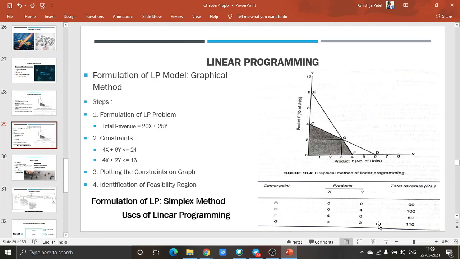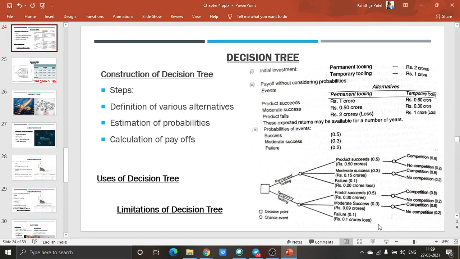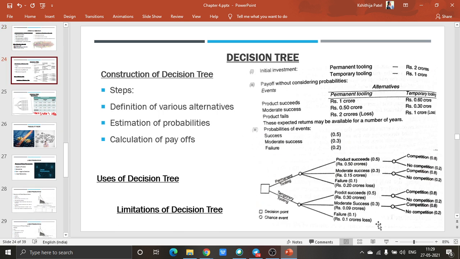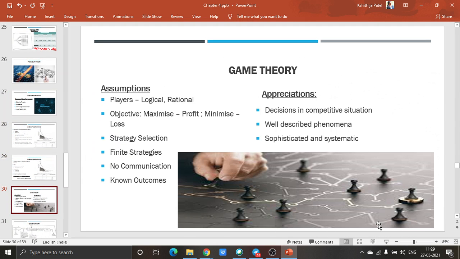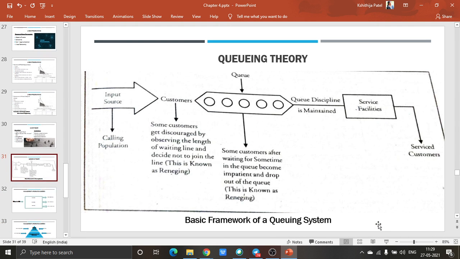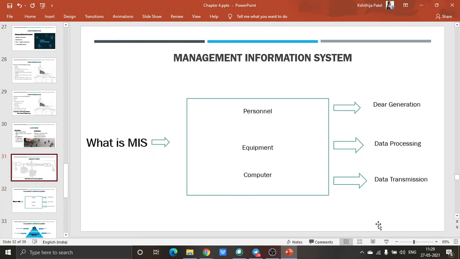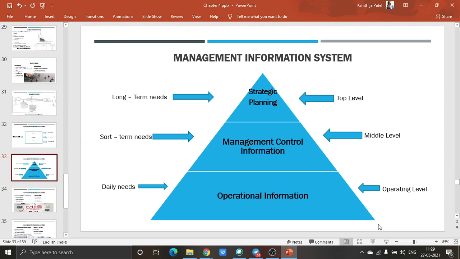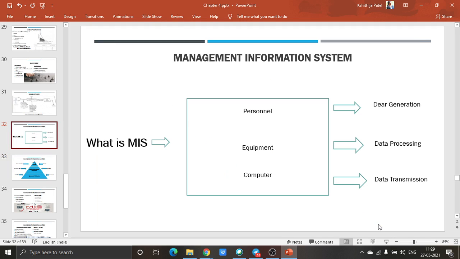So in today's class, we saw what is operation research, what is probability theory, and what is linear programming, and especially what is decision tree. Then we have game theory, queuing theory, and management information system.